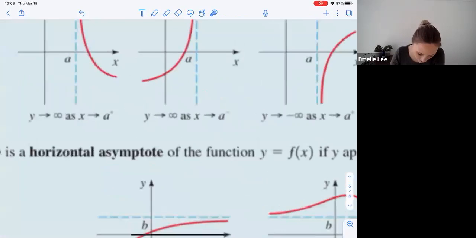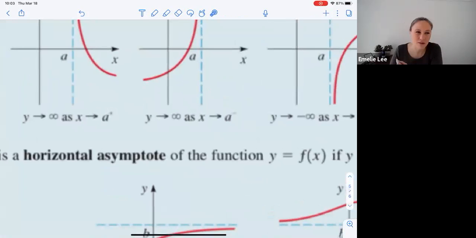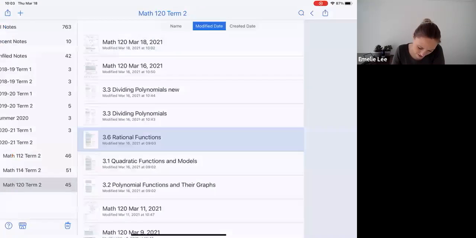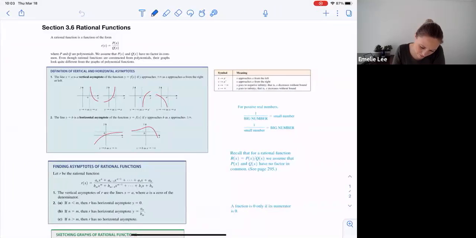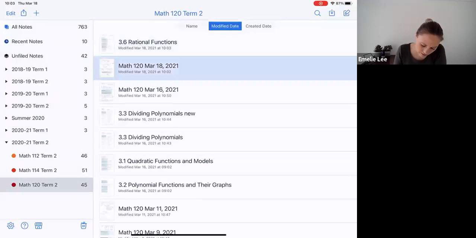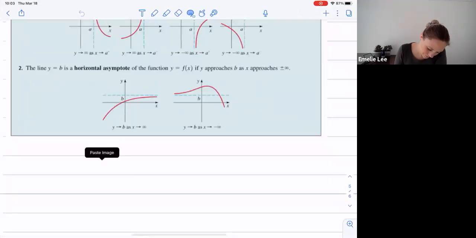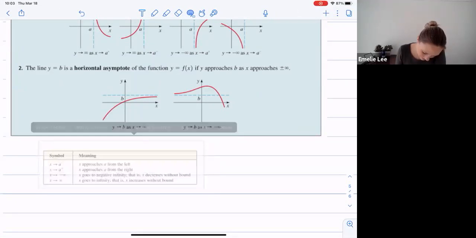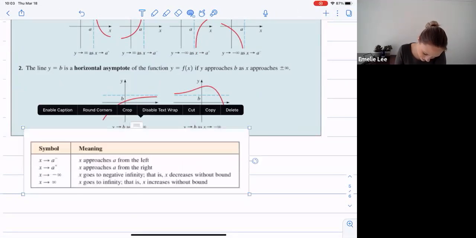And so if we zoom in here, it's all blurry, okay? I think I've got it in another one. I'll add this in here so we can talk about it.